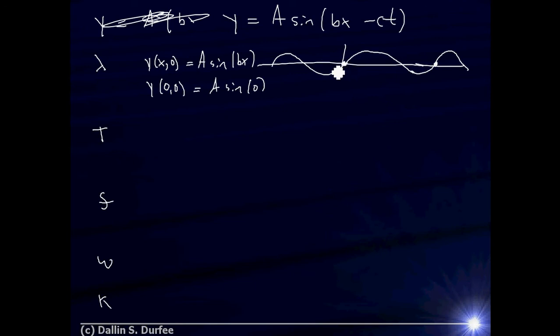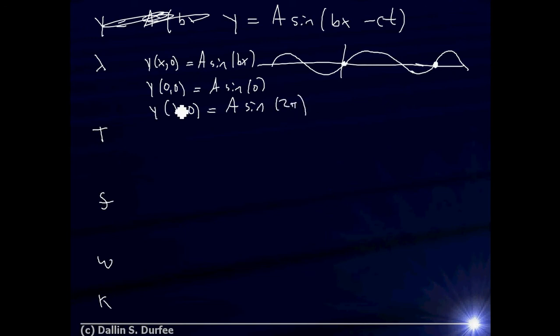Now I'm going to follow with time frozen. I'm going to increase x until I get to where the wave starts again. Where the wave starts to repeat itself is when I have moved the argument of my sine by 2 pi. So if I go 1 wavelength away, that's when I get A sine of 2 pi.